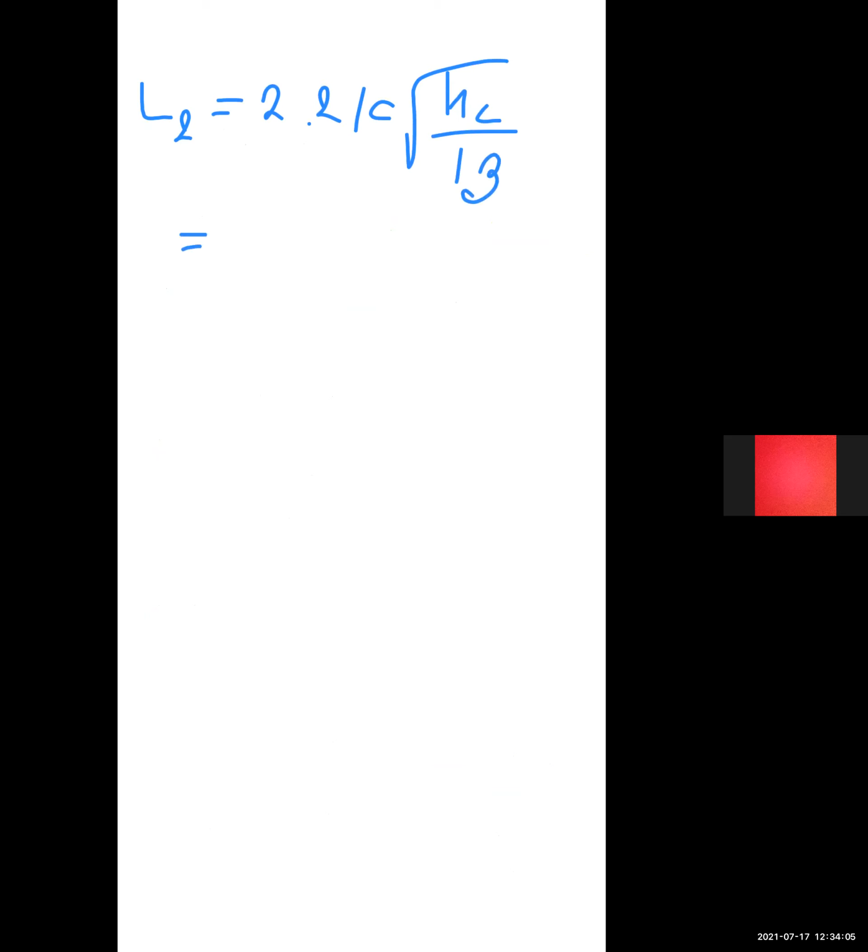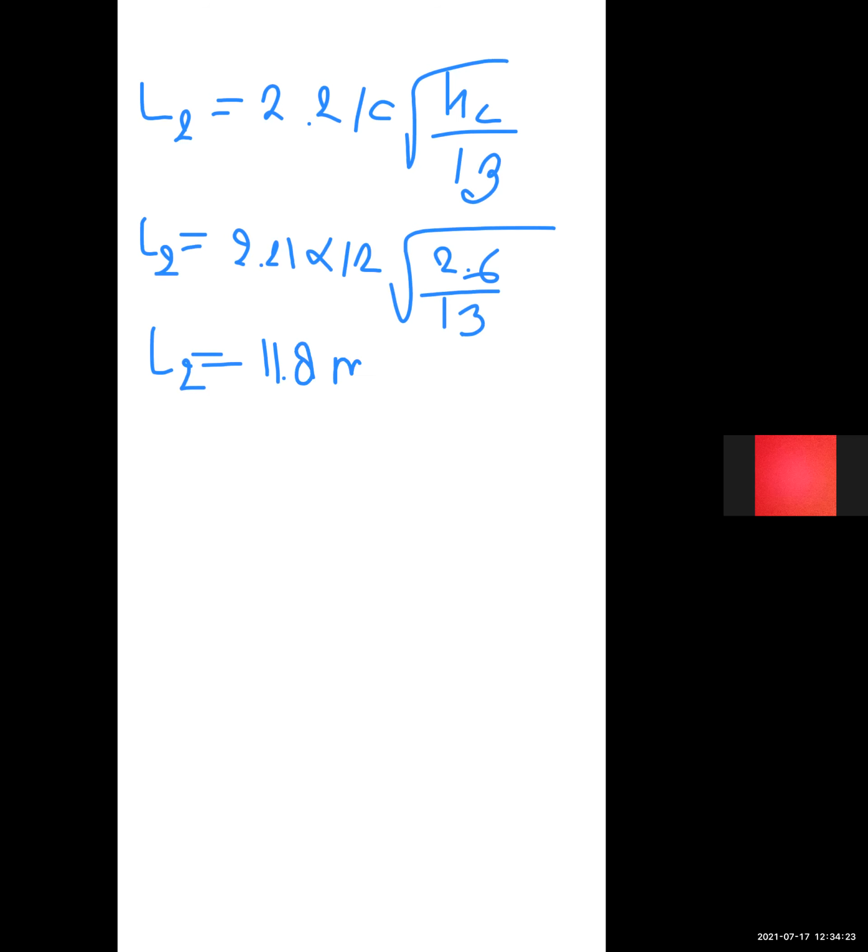So L2 equal to 2.21 C, C equal to 12, head loss equal to 2.6 divided by 30. This value equal to 18.8 meter, which is approximately 19 meter.